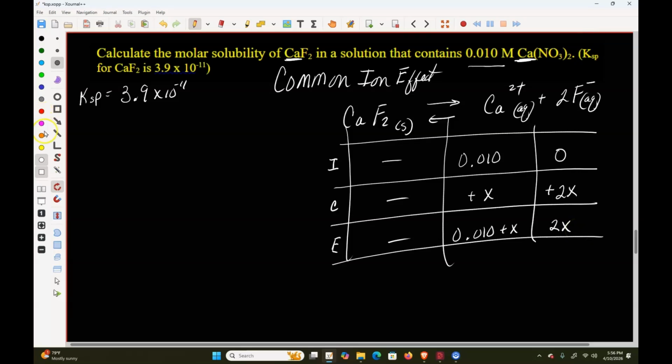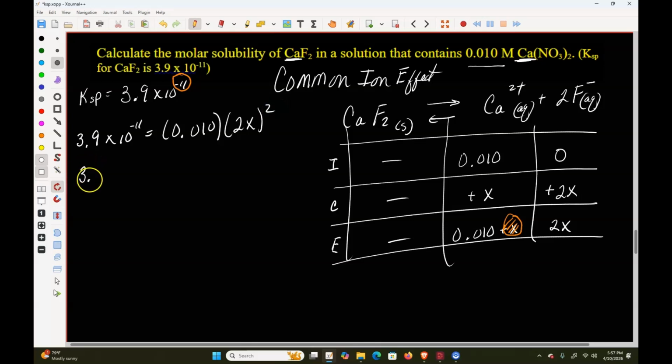All right, this X is very small because of my 10 to the negative 11 power. There's many powers of 10 between them, so I can basically ignore this. So I can complete my Ksp now. So Ksp 3.9 times 10 to the negative 11 is going to equal my calcium, which is 0.010, times 2x squared for my fluoride.